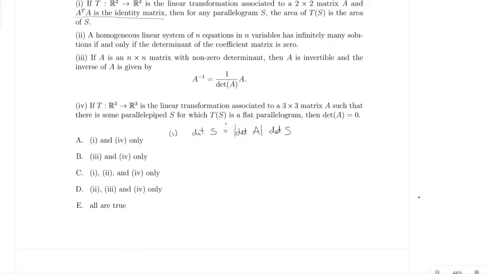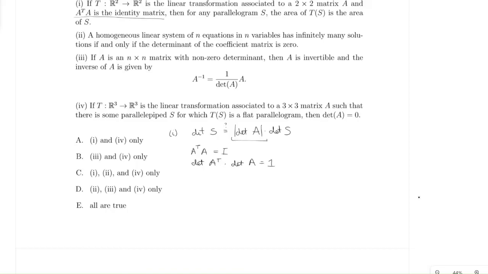So when we have this piece of information about A transpose, we have that A transpose times A is equal to I. We can take the determinant of both sides. So remember, we can apply some rules about determinants. If we have A^T times A and we want to find the determinant of it, you can split it up into the determinant of the transpose of A times the determinant of A. And this is equal to 1 on the right-hand side because the determinant of the identity matrix is 1.